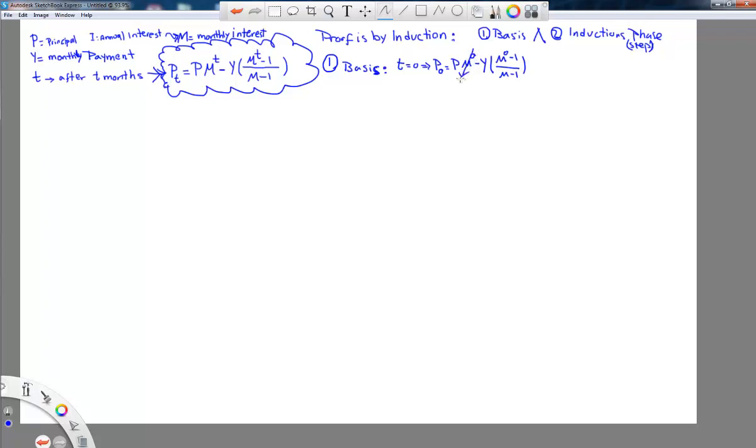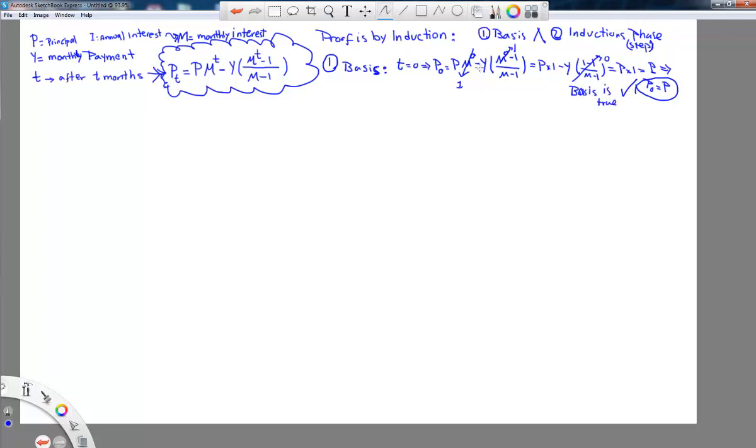So effectively this becomes 1 and this becomes 1. So it's going to be P times 1 minus Y times 1 minus 1 over M minus 1. So this is 0 then. Then this will be equal to P times 1, which is equal to P. So according to this, your P sub 0 is equal to P, which is the case. So the basis case is true.